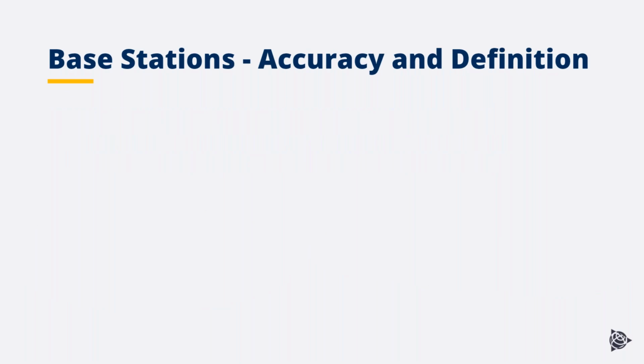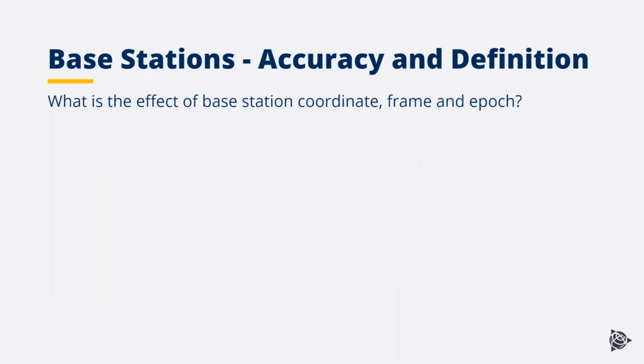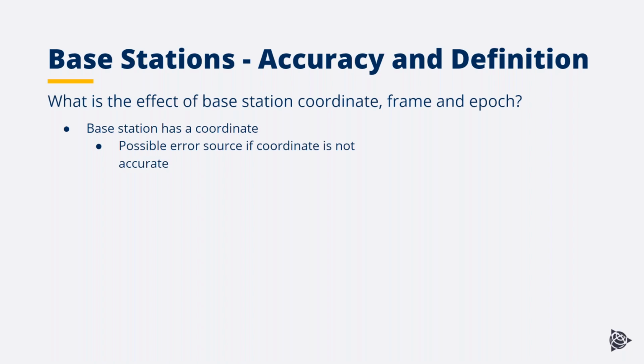All right. Next thing is, what is the effect of base station coordinate, frame, and epoch? If you think of the base station data, it's always set on a coordinate. And this coordinate should be as precise as possible.